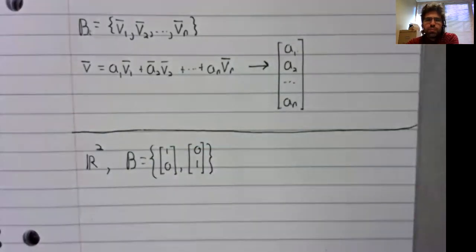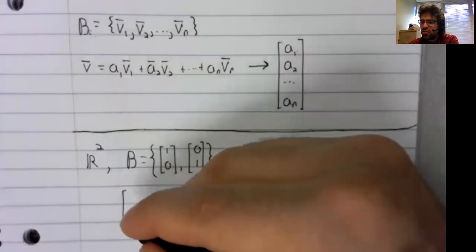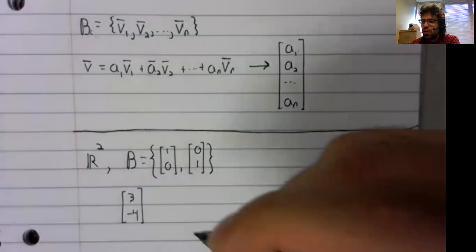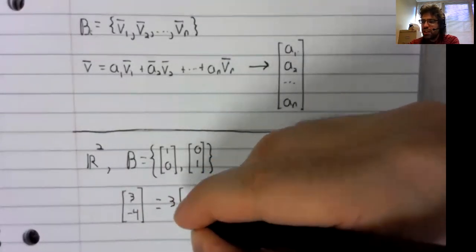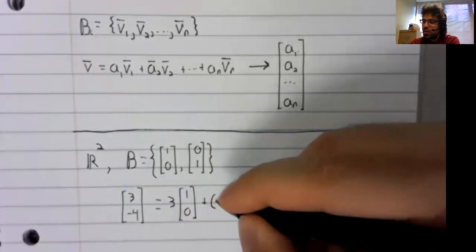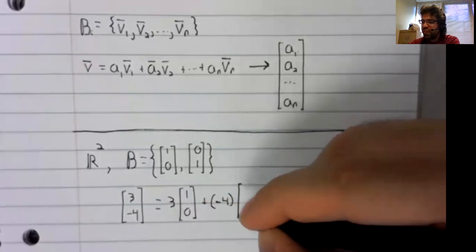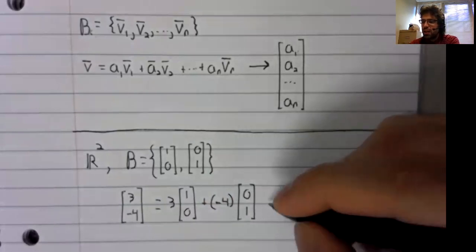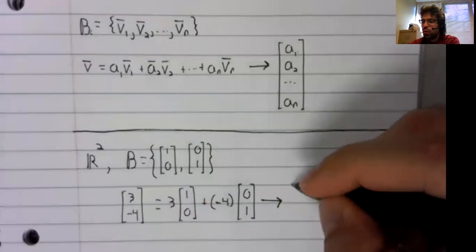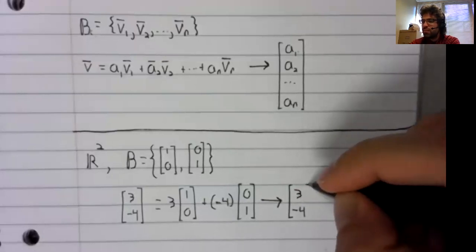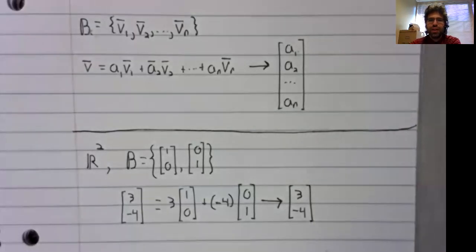And we'll look at some specific vector, let's say 3, -4. 3, -4 is 3 times the first basis vector plus -4 times the second basis vector, and that therefore can be stored if we record the coefficients as 3, -4.